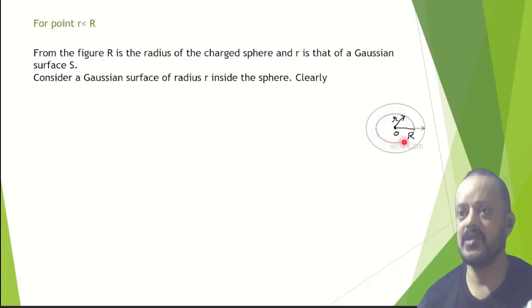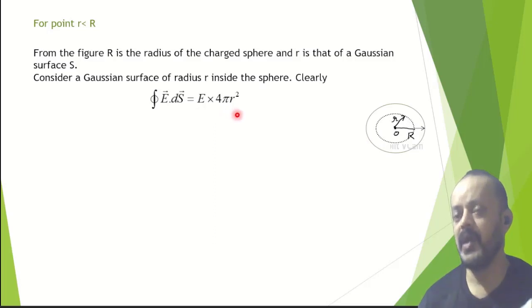This is the Gaussian surface. Now we will apply surface integration of the electric field for this closed Gaussian surface. So this value will be equal to E multiplied by 4 pi r square.